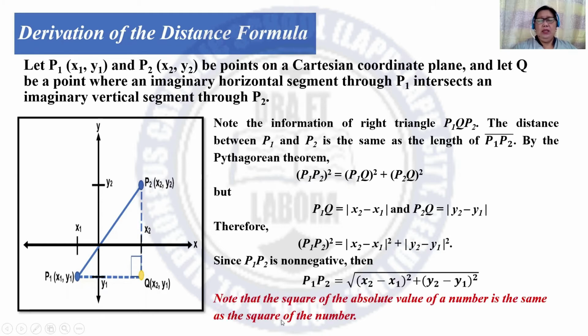Take note that the square of the absolute value of a number is the same as the square of the number. That is why the distance formula is in this form.